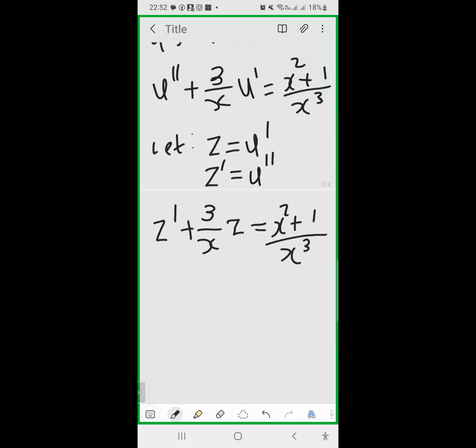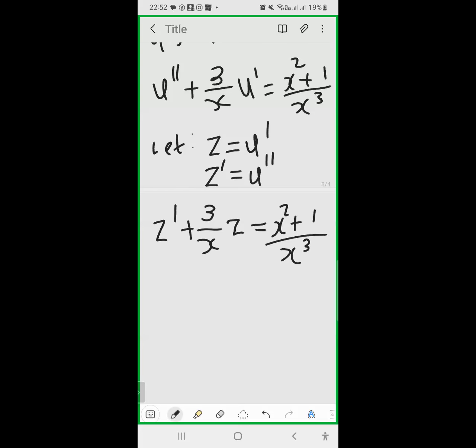Now we have a non-homogeneous linear first order differential equation where our f of x is x squared plus 1 divided by x cubed. So since this is a non-homogeneous linear equation, we're going to use the method of integrating factor in order to find the general solution to this linear ODE.